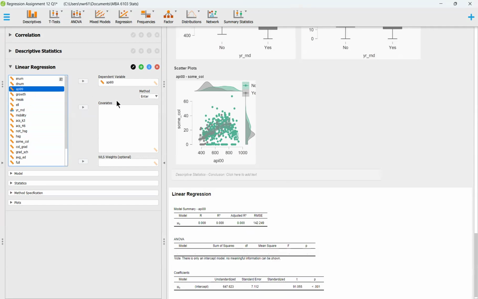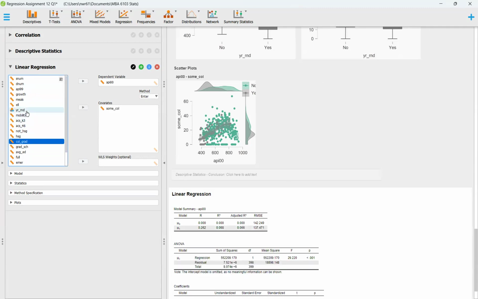And then I put the covariates as year round. Can I do that? No, I cannot do that. Okay, not year round, some college. I would really want to change that into scale, but I'm afraid of what that's going to do to the rest of my data, so I'm just going to leave that as it is.